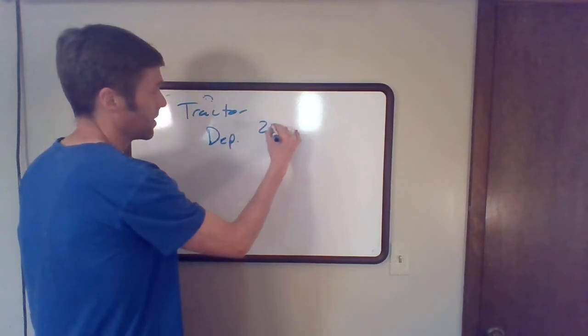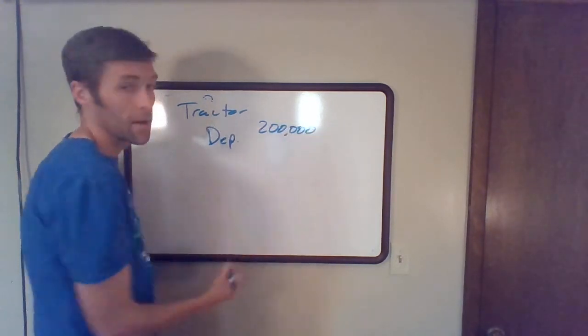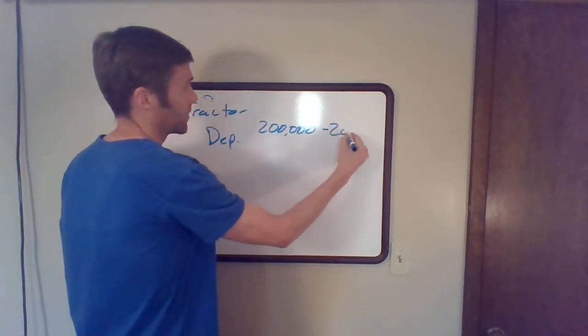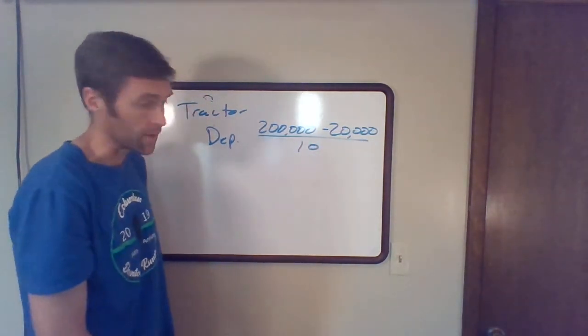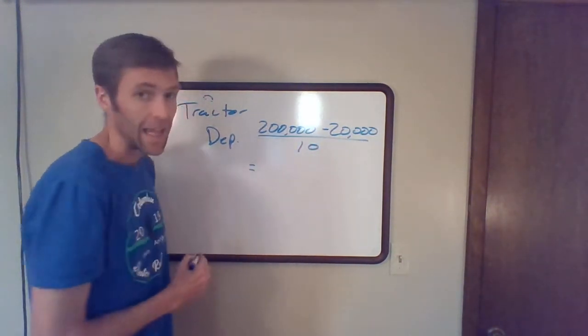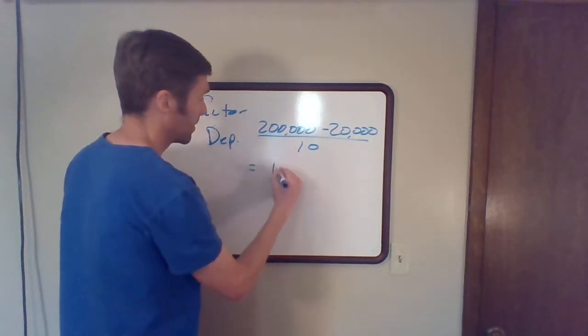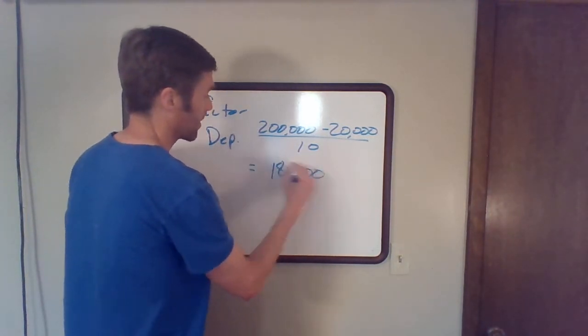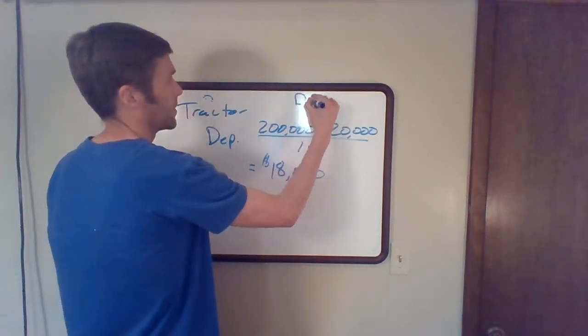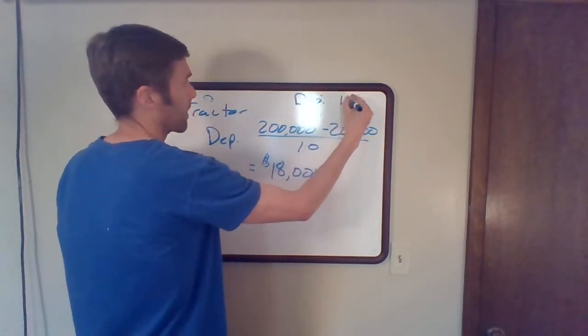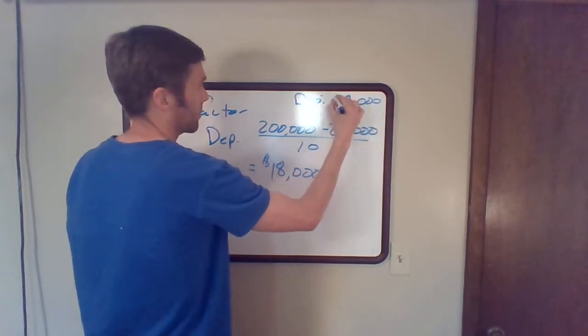My cost, $200,000, minus my salvage value of $20,000, divided by the useful life of 10 years, gives me annual depreciation of $18,000. Okay, so I'm going to put that up here. So my depreciation is $18,000.